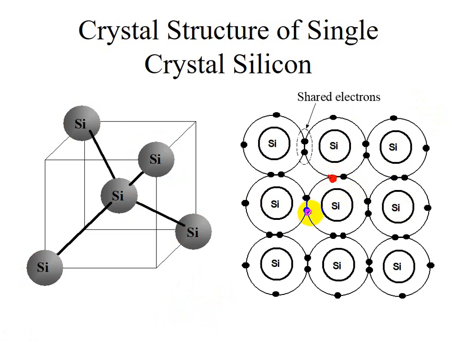This one, this one, this one, and this one. For the silicon atom at the center here, the red ones are 4 electrons occupying the outermost S and P electron shell by itself.